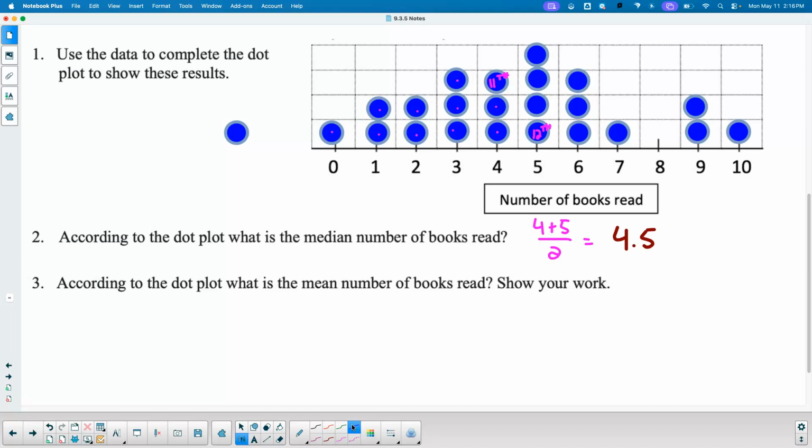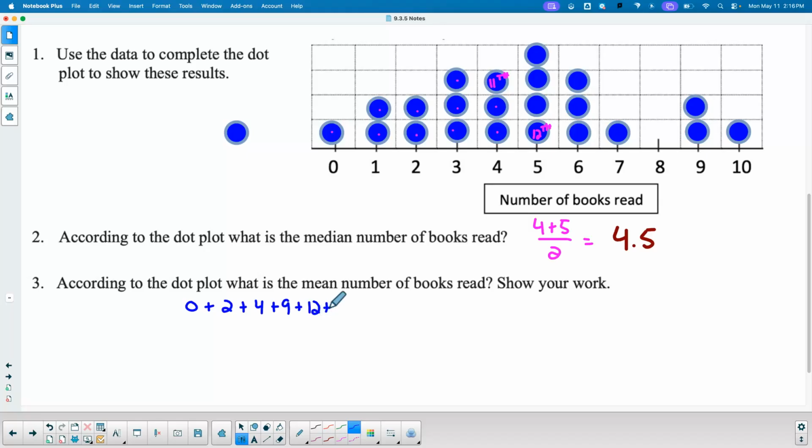In the 0 column, that's going to be 0. In the ones column, I've got 2 data points. So there's going to be 2 to add there. In the 2's column, there's 2 of them. So that's 4. In the 3's, there's 3. So that's 9. In the 4's, there's 3. So that's 12.